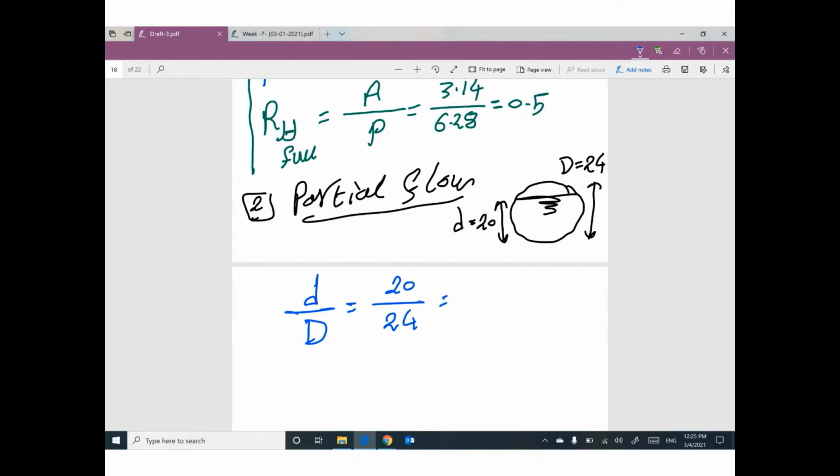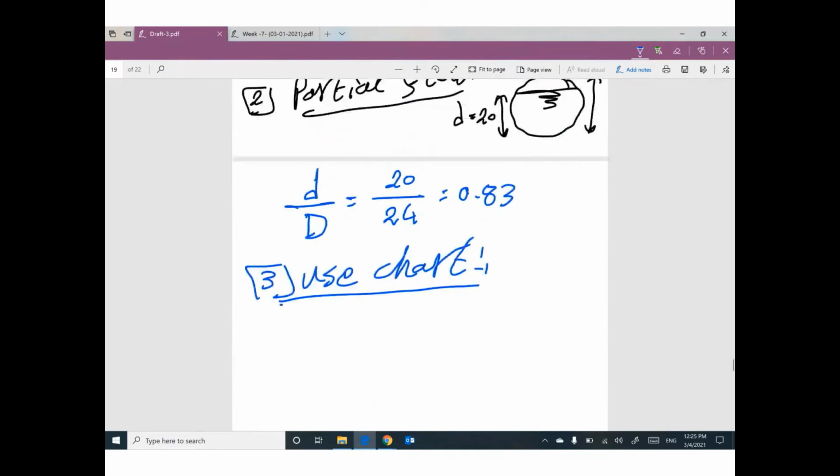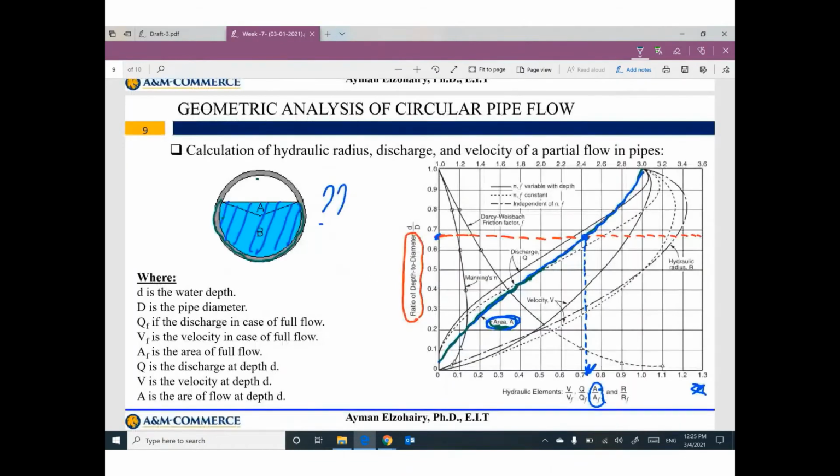What is the number? 20 divided by 24 equals 0.83. Third step, use the chart. One more time, the depth divided by diameter equals 0.83. Where is 0.83? Let me erase this line and this curve.